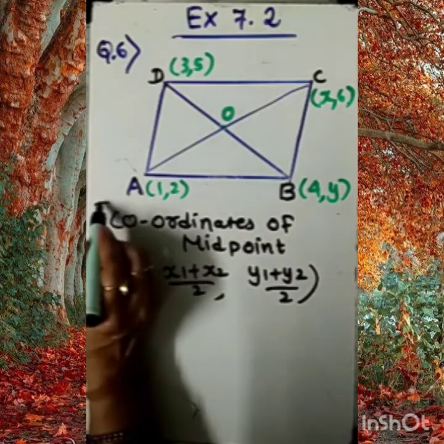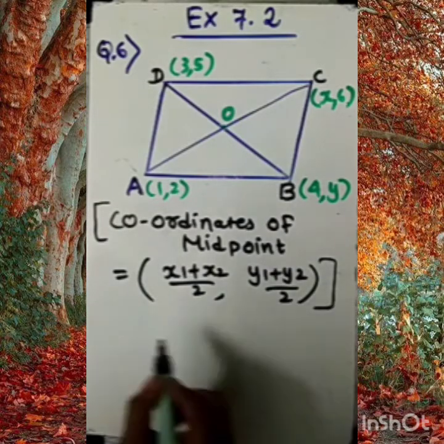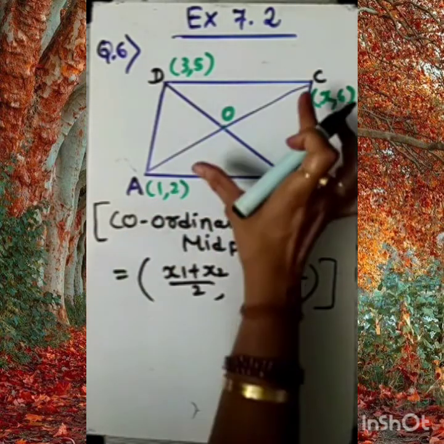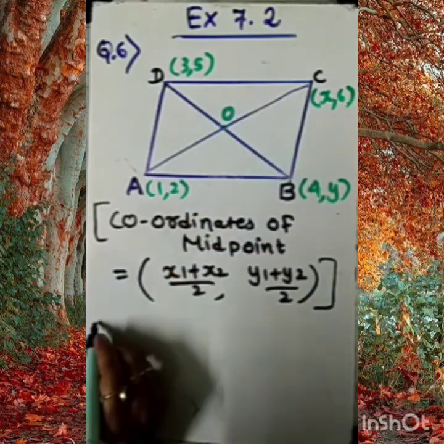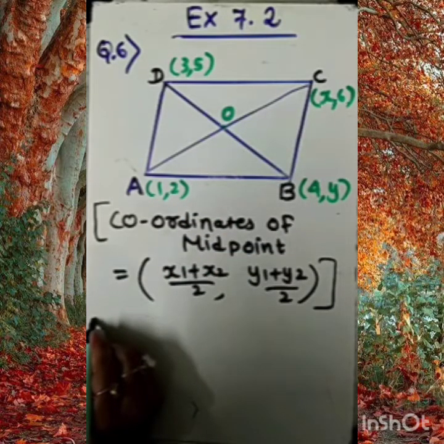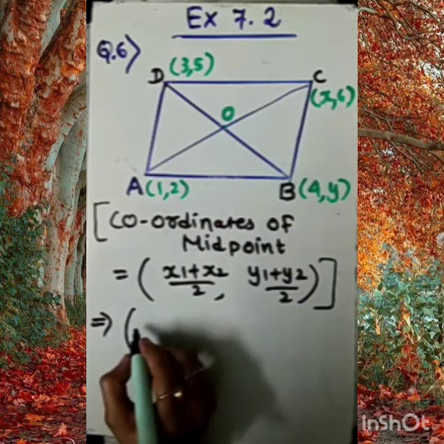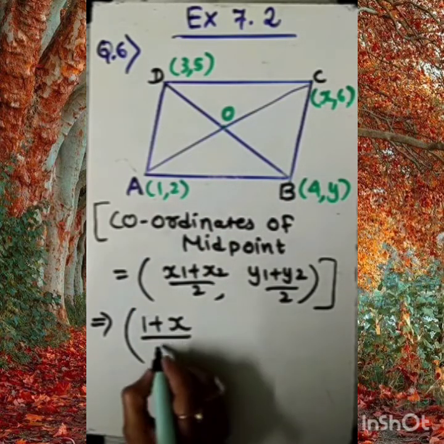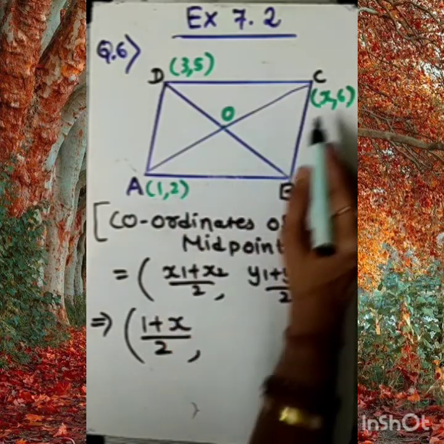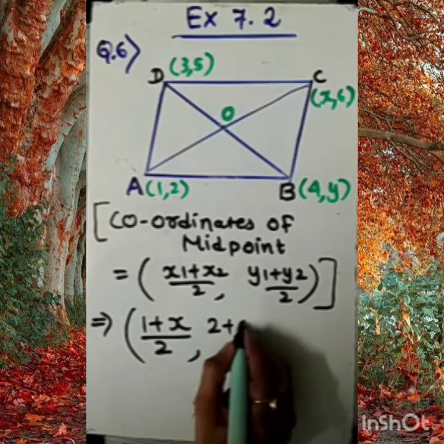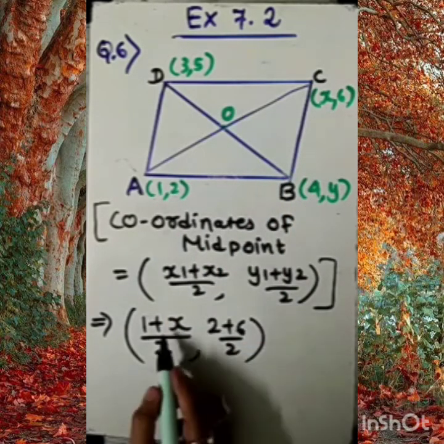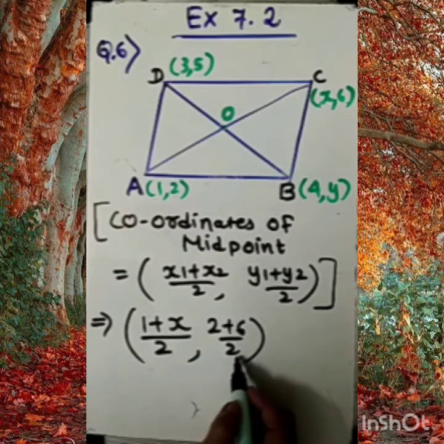Now the midpoint of AC will be 1 plus x by 2, comma, 2 plus 6 by 2.